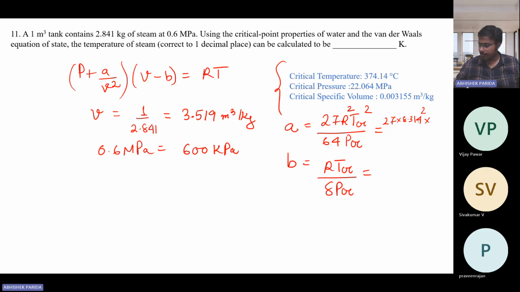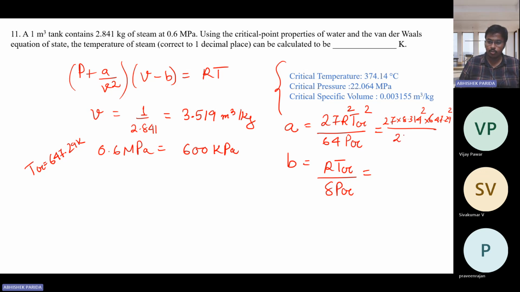So 374.14 plus 273.15 is 647.29. So T critical is equal to 647.29 Kelvin. So 647.29 by pressure. Try to use the pressure in kilopascal.